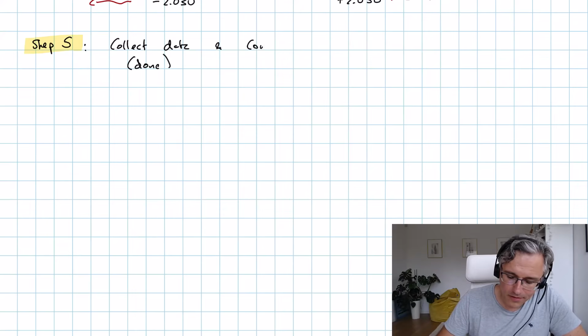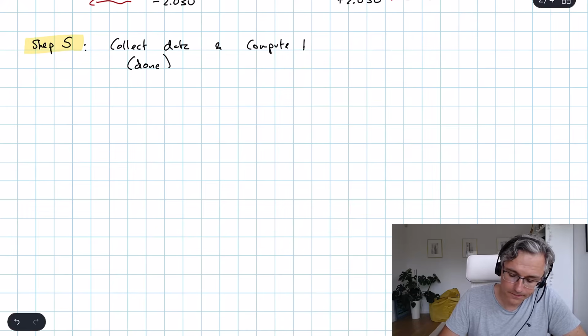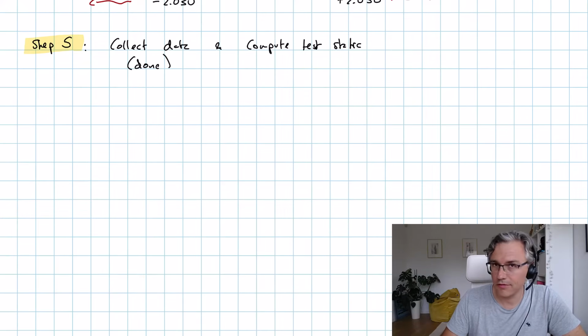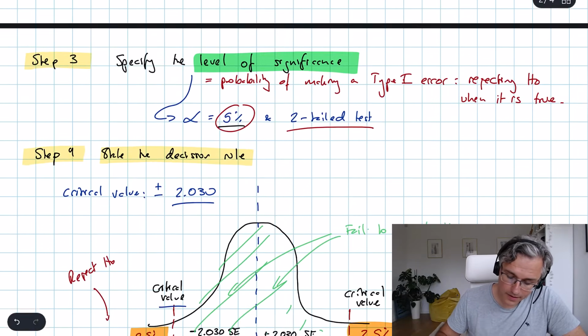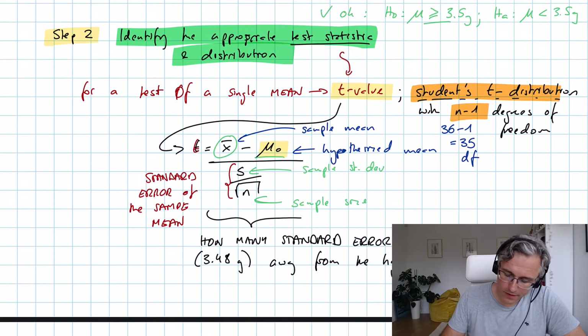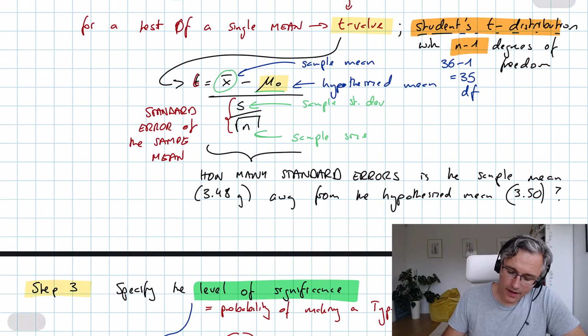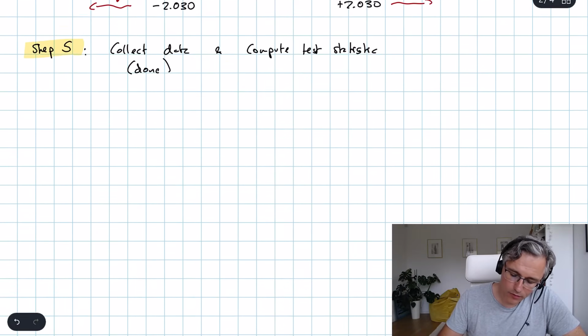And compute the relevant statistic, t statistic in this case, the test statistic. In our case, it's the student's t distribution, so we've got a t value statistic. So we identified the test statistic as being t, and let's just write this down one more time.